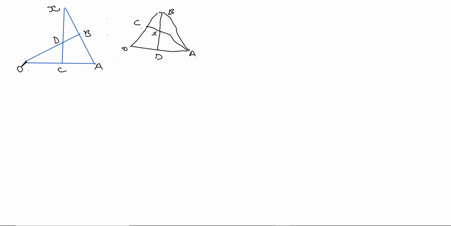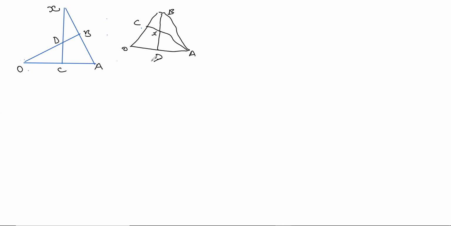I've already said that the triangle is OAB, but the intersecting lines are AX and CX. The intersecting lines are AX and AC in this case, and what else?